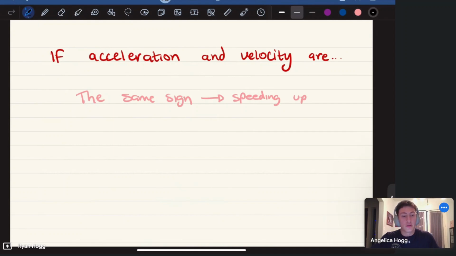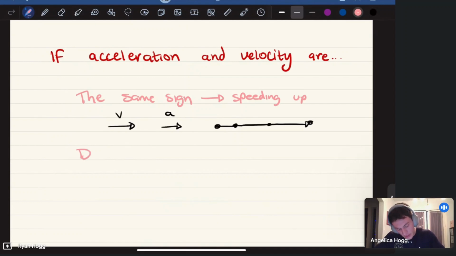So that means if we are moving to the right and we're accelerating to the right, we're speeding up over time. And those little dots of position that I showed you are getting bigger and bigger over time. More distance is being covered over time.